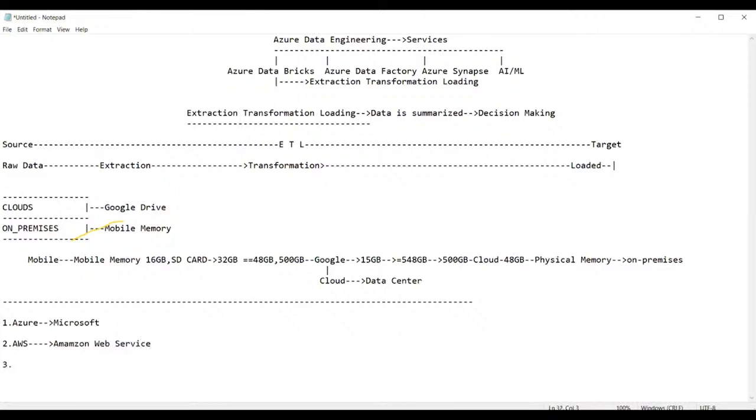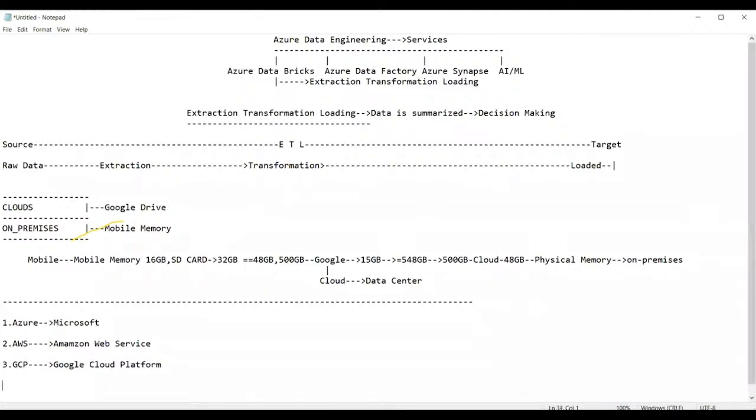And the third one is Google, GCP, which stands for Google Cloud Platform.